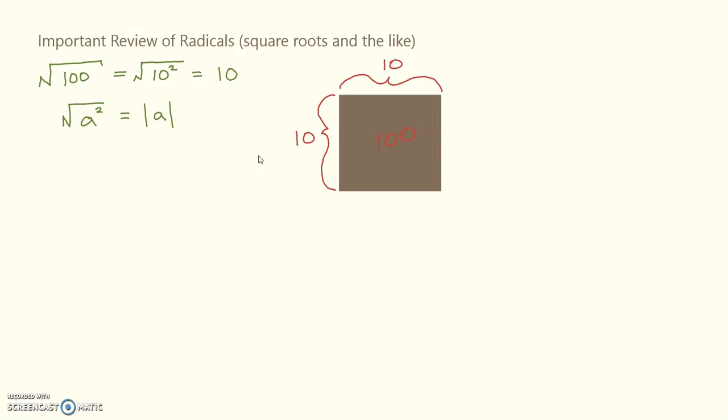Similarly, if I said that the area of this box is x, then this side length is the square root of x. In this case, the area equals the length times the width.